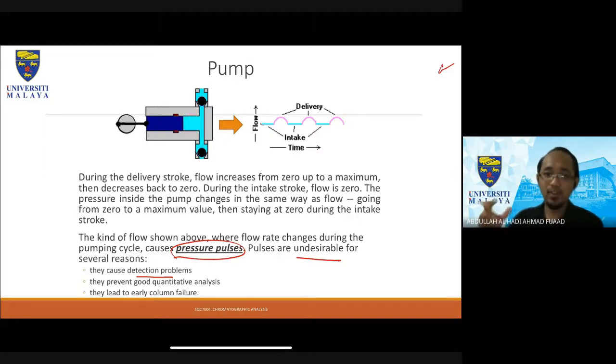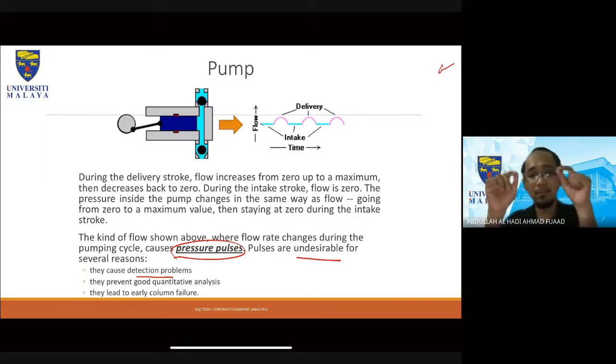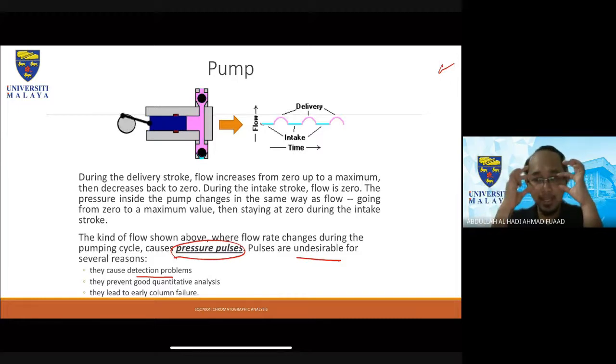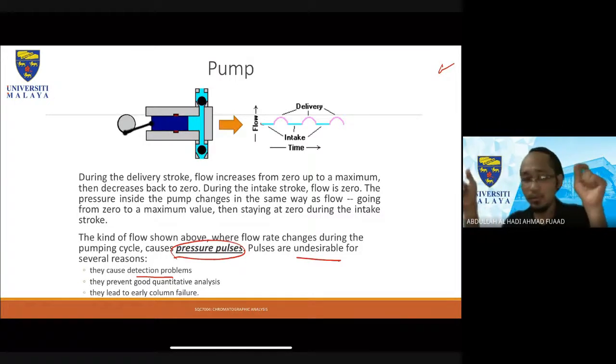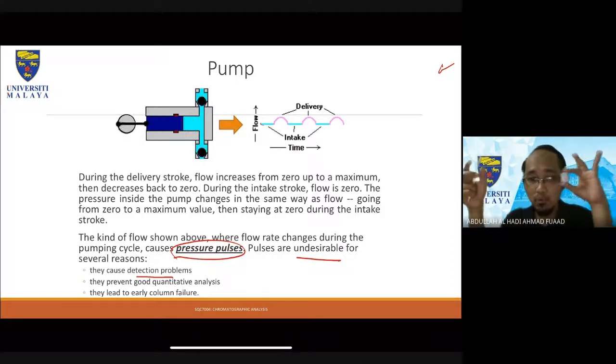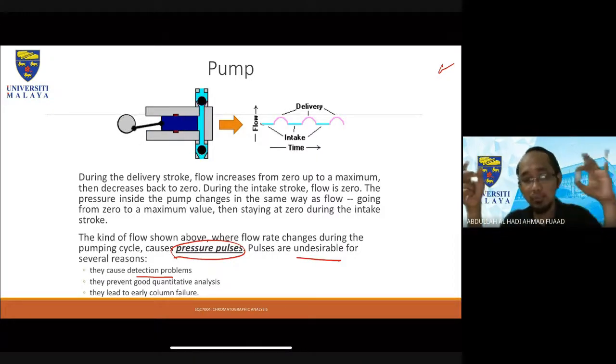Say, for example, my right eye over here is the detector, and you have a sudden increase in pressure, then low pressure, then high pressure, then low pressure. Imagine you have a sample that you want to analyze that moves through the column and through the detector.